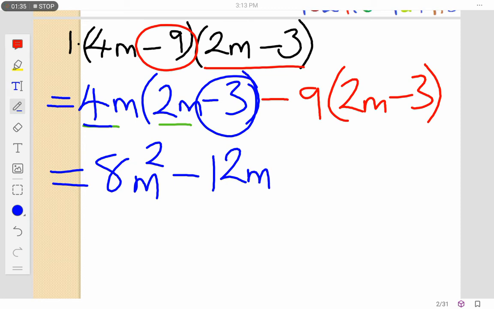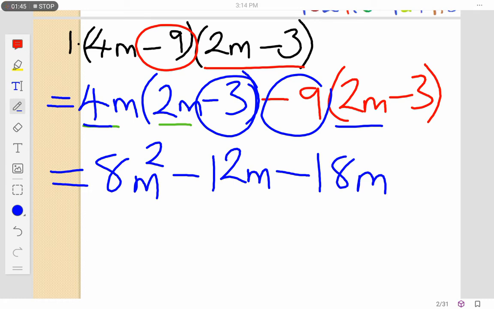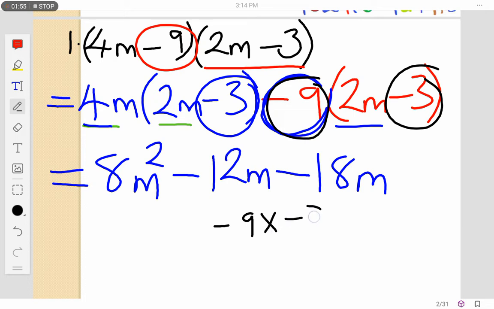Let's move on to the next one, where I'm going to multiply minus 9 with 2m there. I'll get minus 18m. Now the last part is minus 9 times minus 3. When we have a minus 9 times minus 3, we'll get a positive, so we'll get plus 27 there.